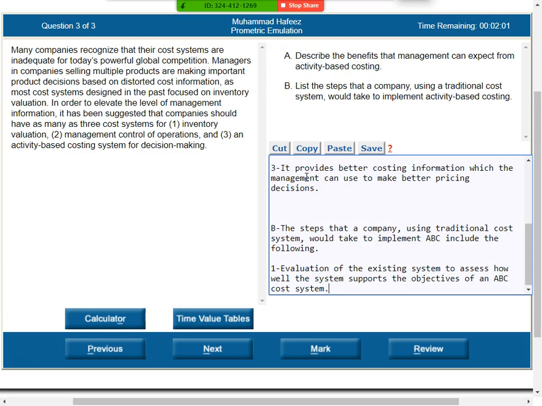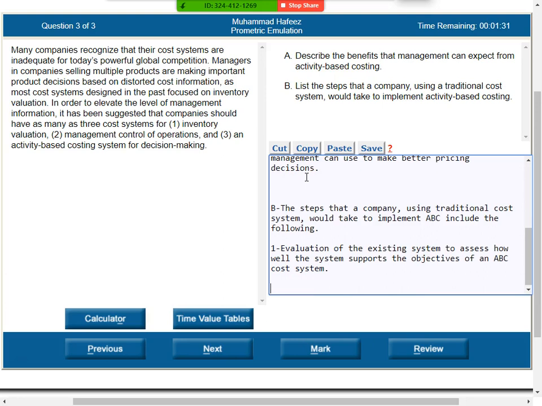It means, guys, if companies producing complex different types of products, go for ABC. If company is heavily involved in the use of machines, the fixed cost is a major part of cost build-up, go for ABC. But if the company is producing only one product, no need to go for ABC. If the labor cost is a significant part of the cost of production, then no need to go to ABC. That's why you first have to evaluate whether ABC is good for us or not. So that's very important. Would it suit our business?